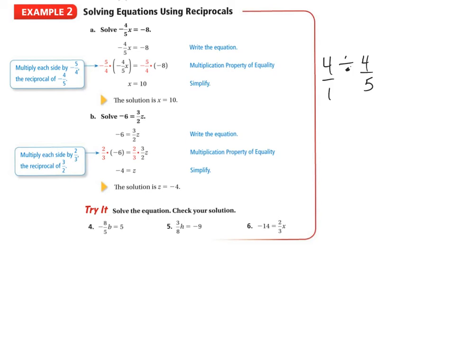That would be 4/1 divided by, and then when we keep, change, flip, notice that dividing by 4/5 is the exact same thing as multiplying by the reciprocal.